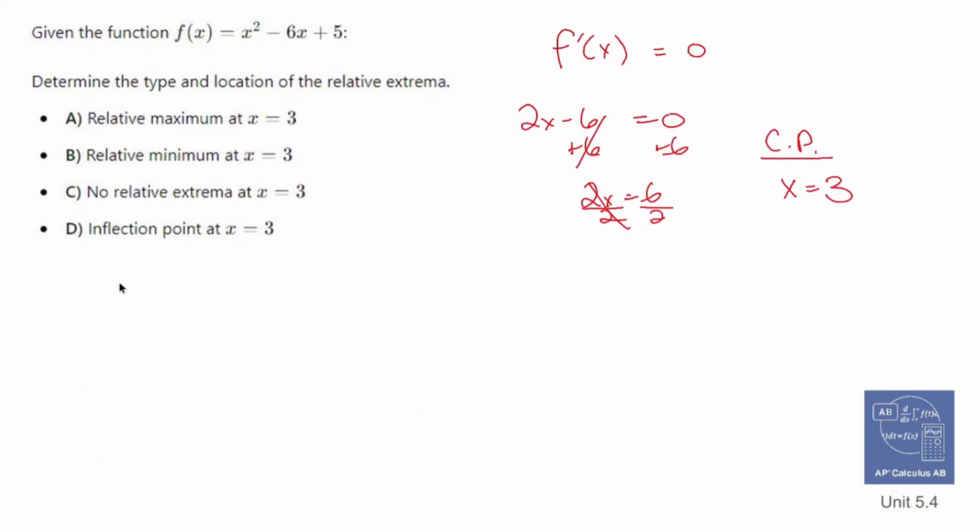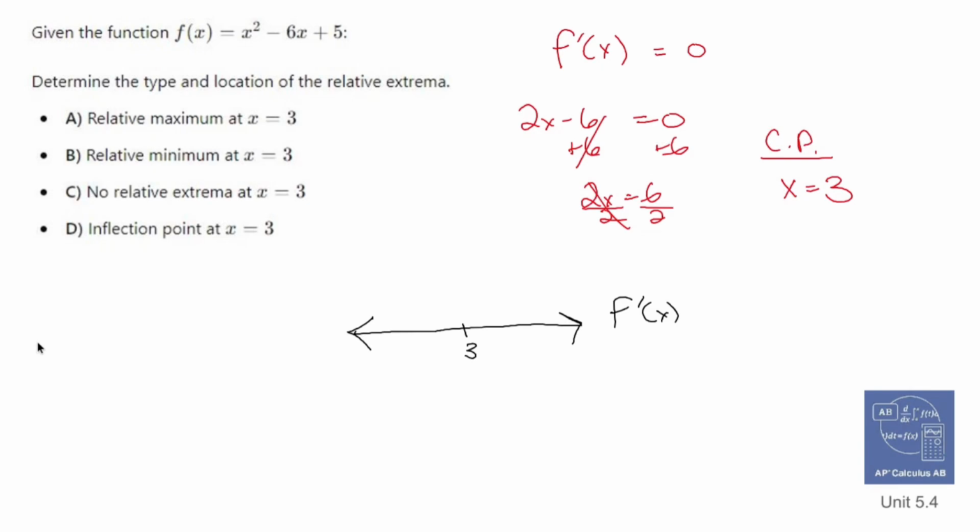Now, what I'm going to do is make myself a sign chart or a sign graph or a sign table. And this is going to be for the derivative of x. Now, my magic number is 3. And so what I want to do is find out where this graph is increasing and where this graph is decreasing.